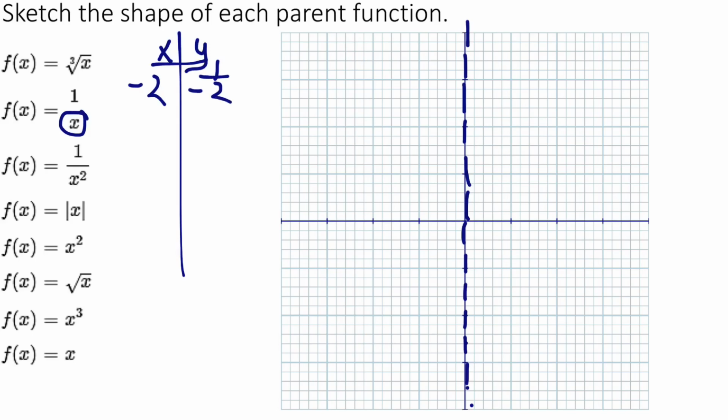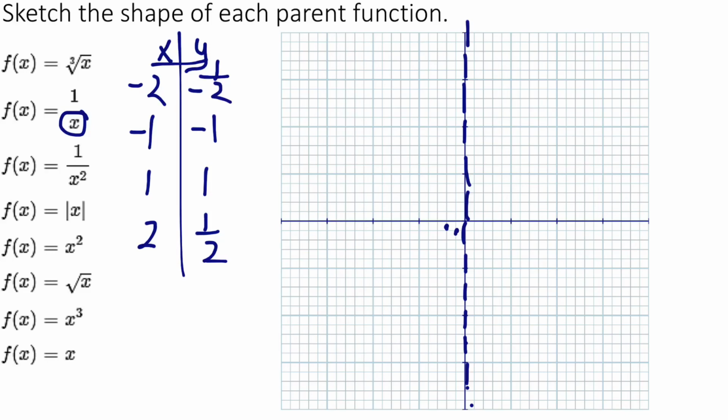When x is equal to negative 1, I've got 1 over negative 1, so that's just negative 1. So when x is equal to 1, that's 1 over 1. When x is equal to 2, that's 1/2. So you can see some symmetry here. So when x is equal to negative 2, you're here. When x is equal to negative 1, you're here.